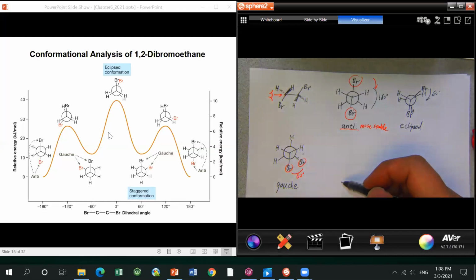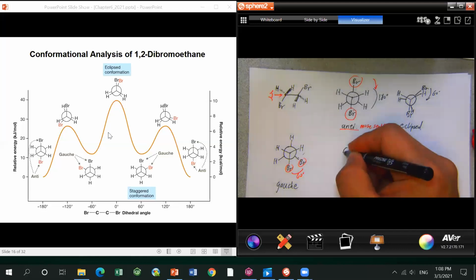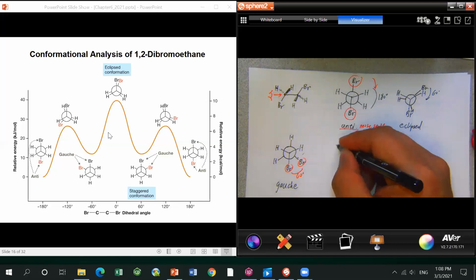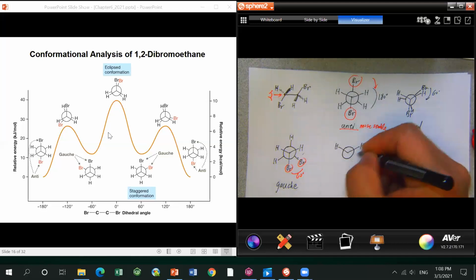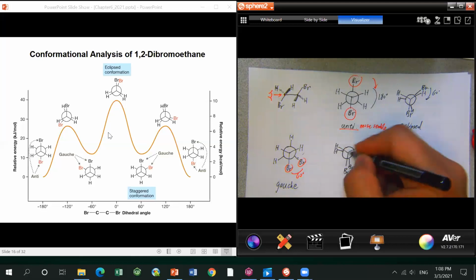And then we continue moving the back carbon 60 degrees. We generate the most unstable conformation. Br here, 60 degrees, Br here, hydrogen.